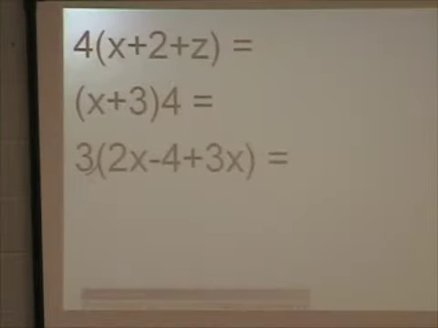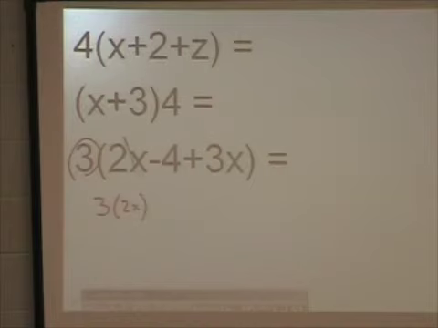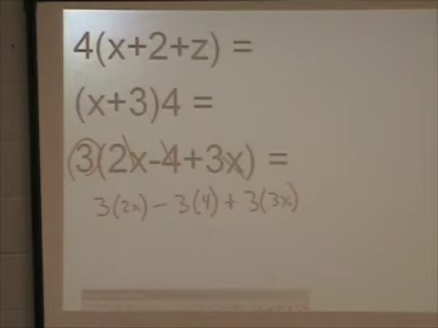Here I have 3 times everything in this parenthesis. So I multiply 3 times 2x, which is this first one, minus 3 times 4, which is the second one, plus 3 times 3x, which is this third one. Now I've got to go through and multiply each individual. 3 times 2x is 6x.